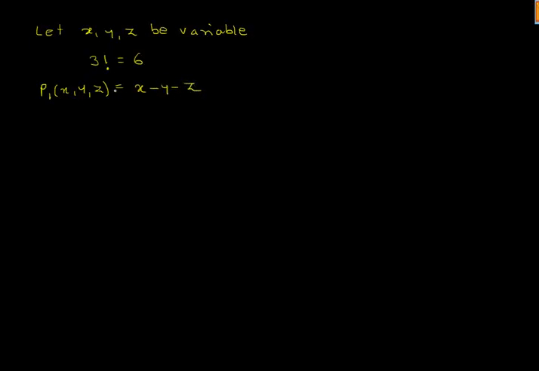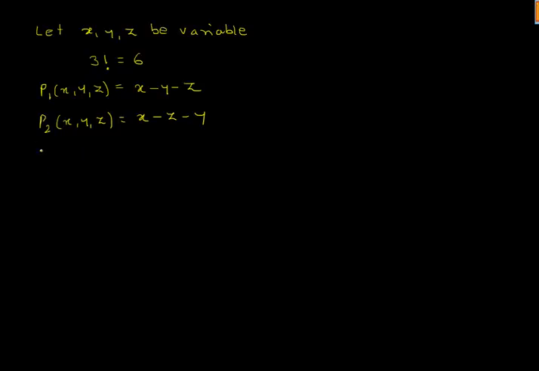Now I will construct the permutation functions using these three variables. I construct another polynomial P2, again a polynomial in three variables, keeping x as it is: x minus z minus y.